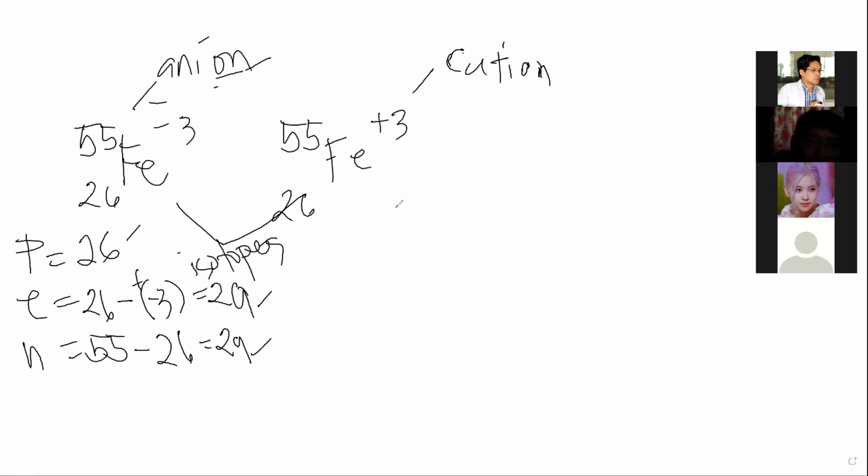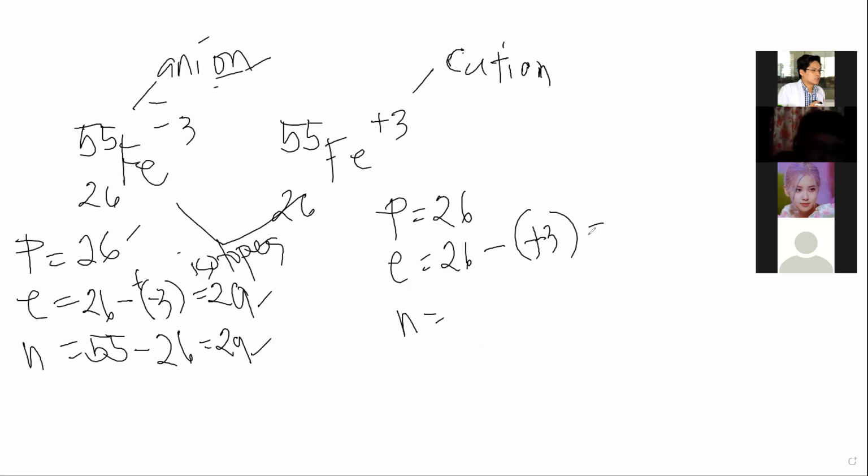How about in the cation Fe plus 3? Protons, electrons, neutrons. Again, your protons is equal to your atomic number, 26. Your electrons is equal to the atomic number minus positive 3, which is your charge, equal to 23.